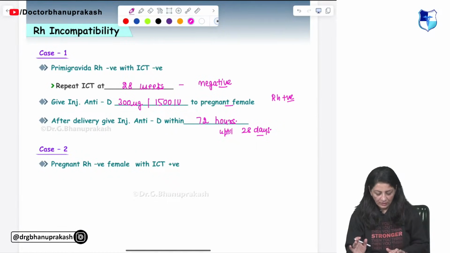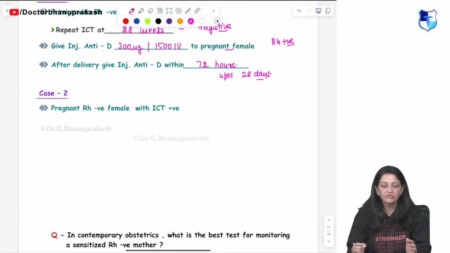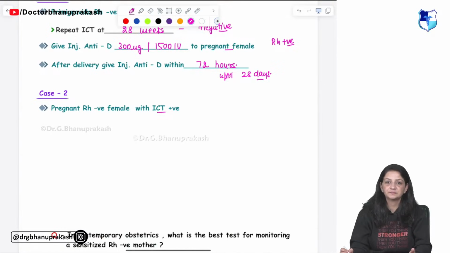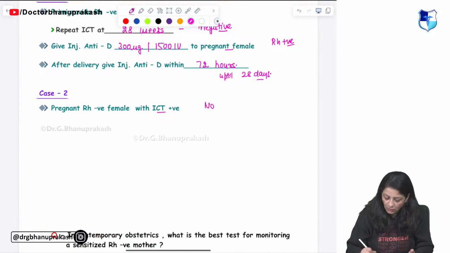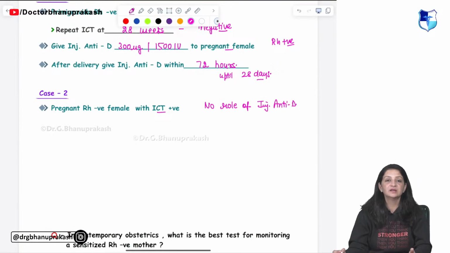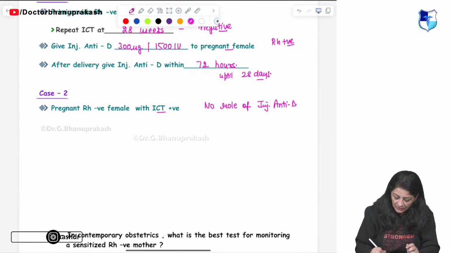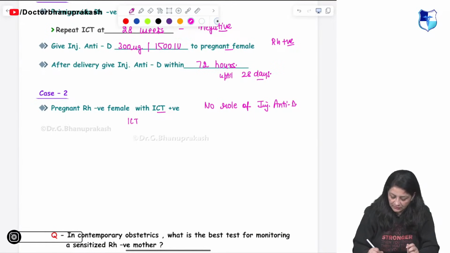Okay. Now in case 2, a pregnant female, Rh negative with ICT positive, there is no role of injection anti-D because the mother is sensitized. Antibodies have already formed. So we have to check the ICT titers.